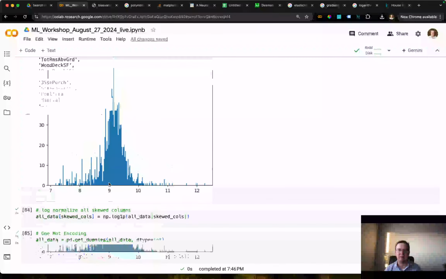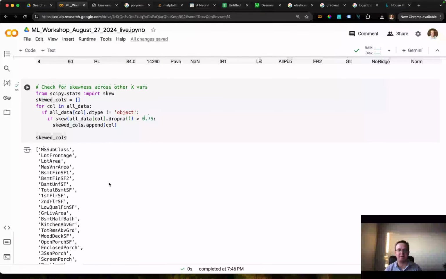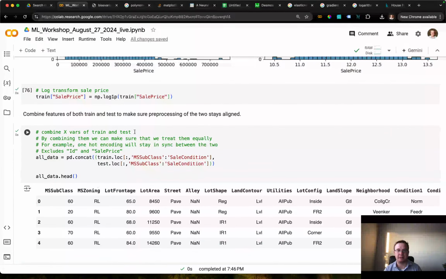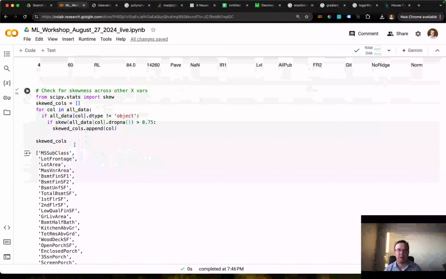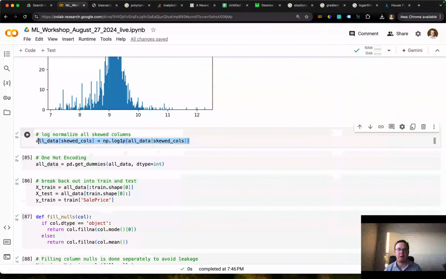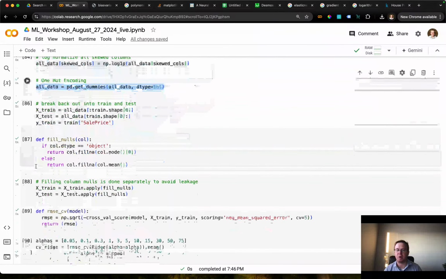Final review. What have we done to this linear regression model? We log transformed the y variable. We identified skewed columns. We log transformed all of the skewed columns. We one-hot encoded the categorical variables.